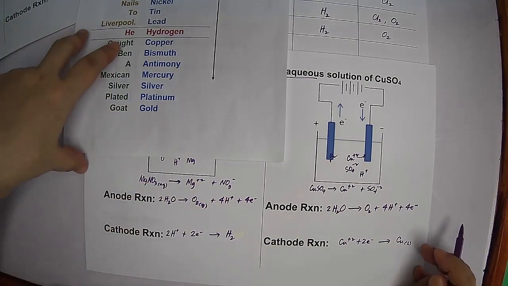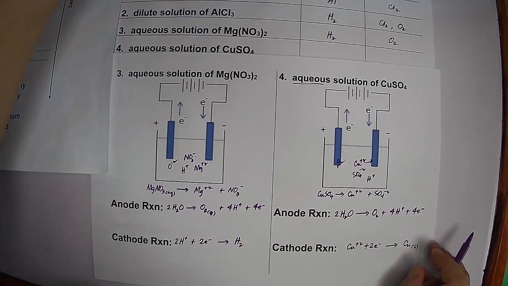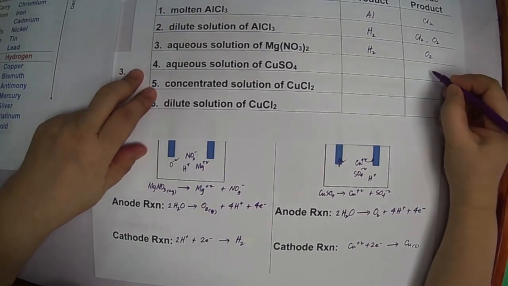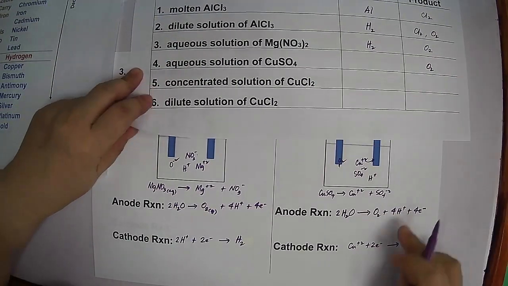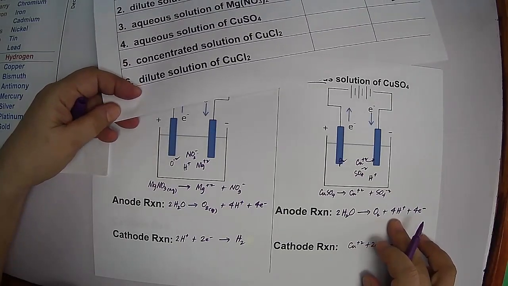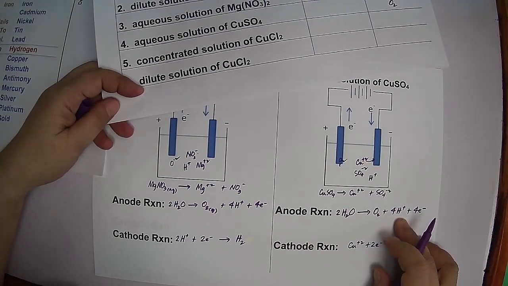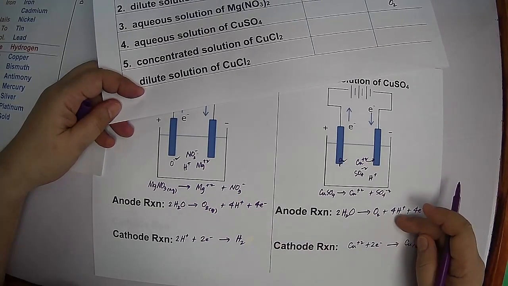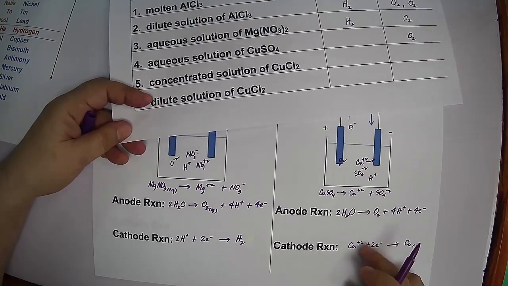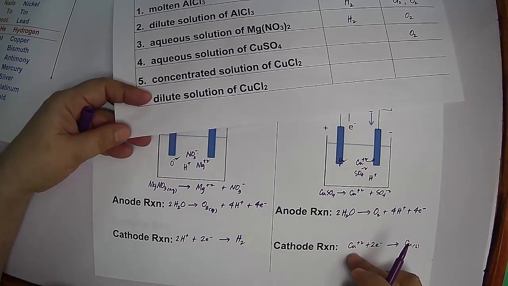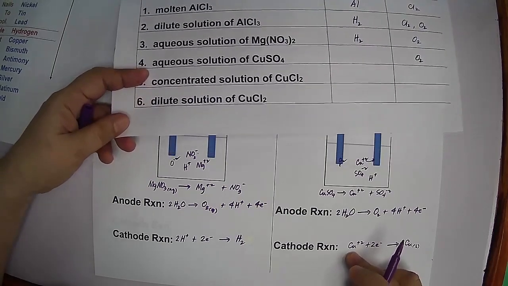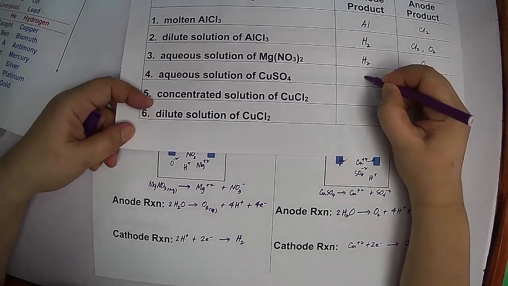So the product for the aqueous solution of cupric sulfate, at the anode, we have oxygen, although we have here the ions of hydrogen as one of the product of the anode. This will not undergo reduction because copper is less active than hydrogen. It has more tendency to be reduced than hydrogen. So the product at the cathode is copper.